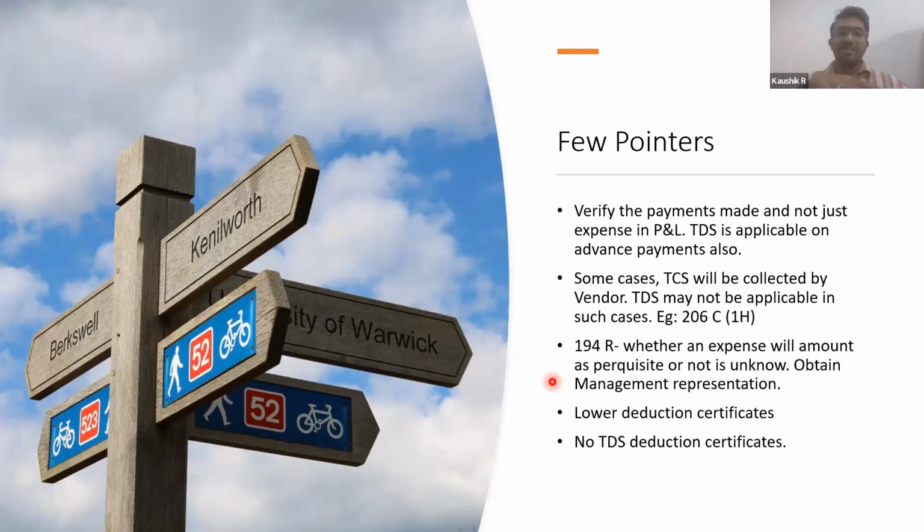So the company books, for example, a travel ticket for the doctor. Now this travel ticket will be shown as a travelling expense in your profit and loss account. But it is actually a benefit or perquisite given to the doctor. So after this section got introduced, section 194R came into picture, and it says that whenever such an amount is given as a benefit to the doctors, you should do TDS on that.